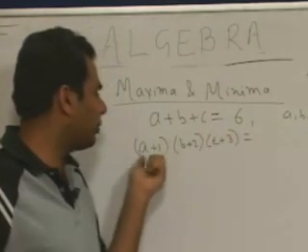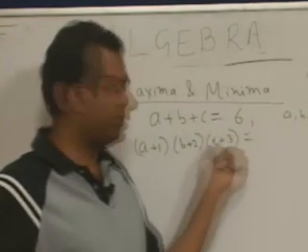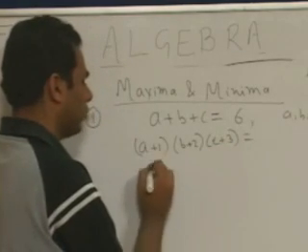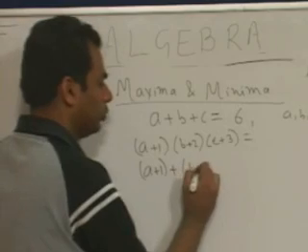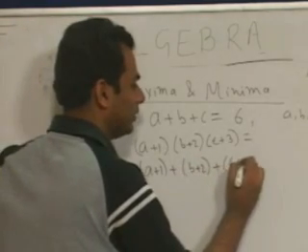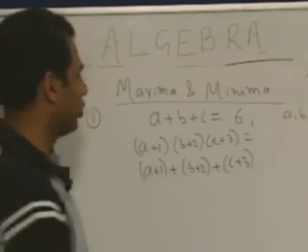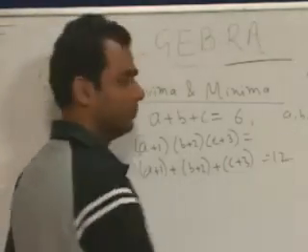Since we need to find the product of these three numbers, these three must be equal. So we must know the value of a plus 1 plus b plus 2 plus c plus 3, which comes out to be 12.